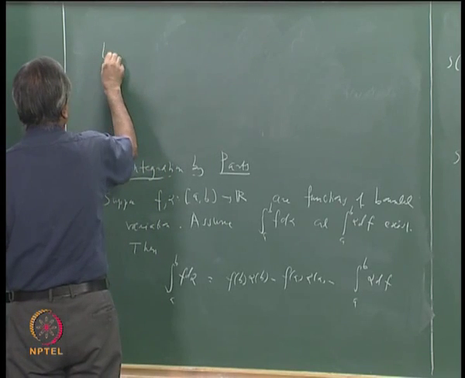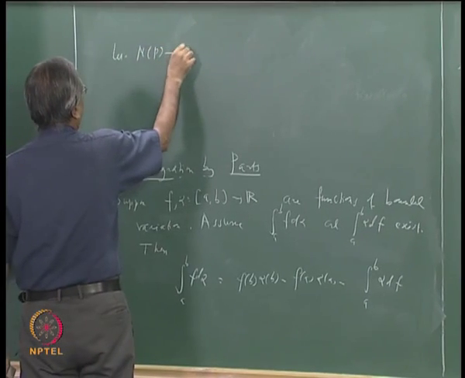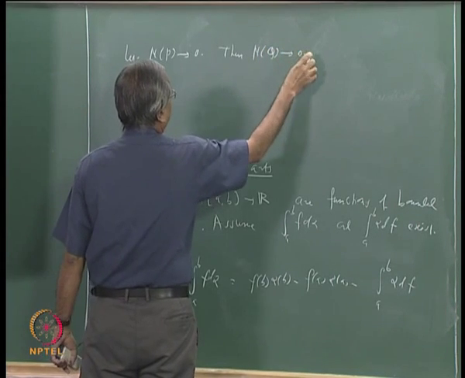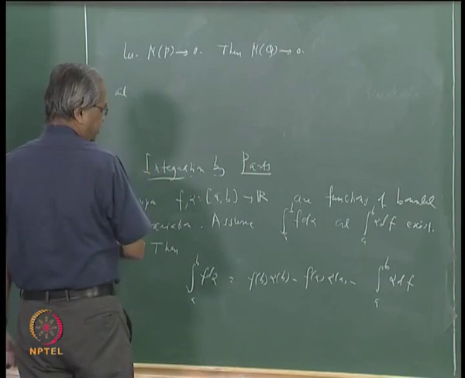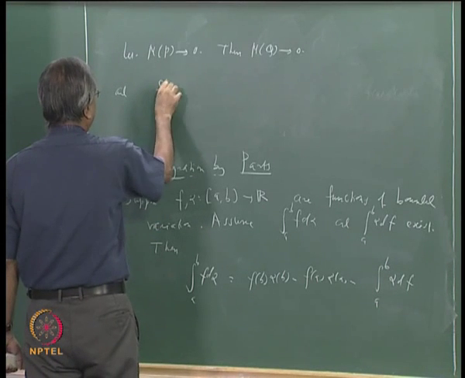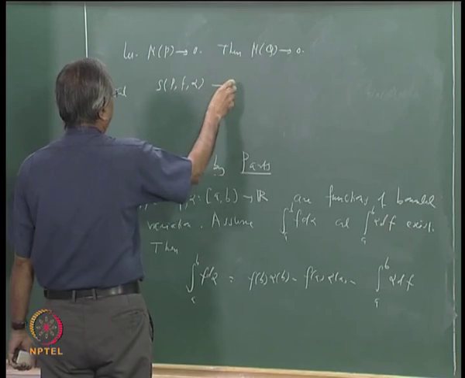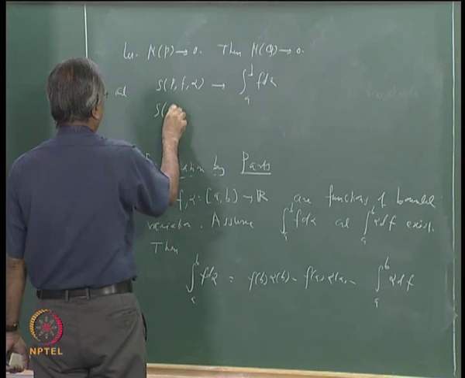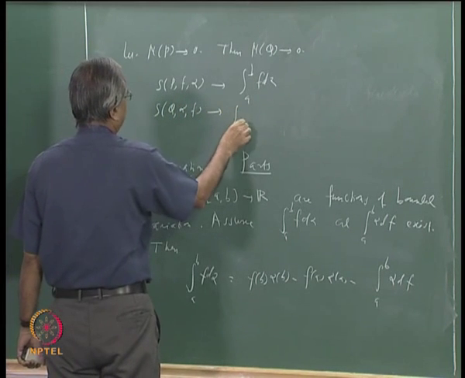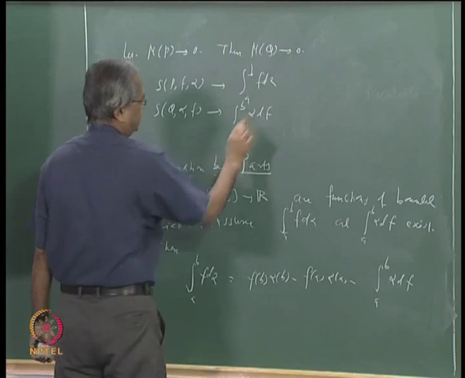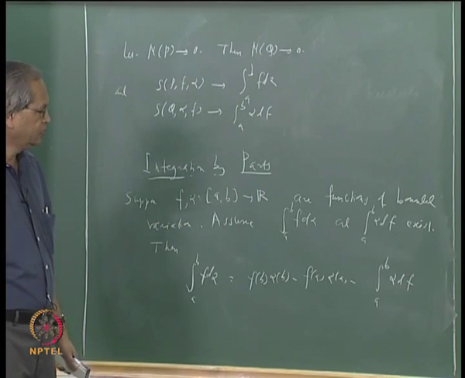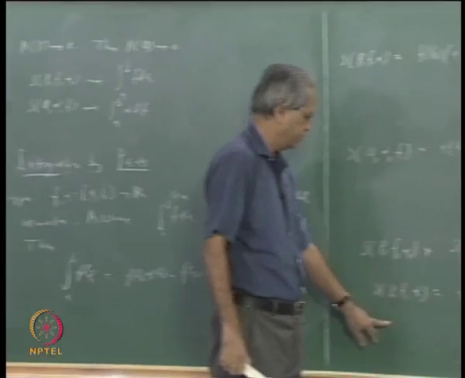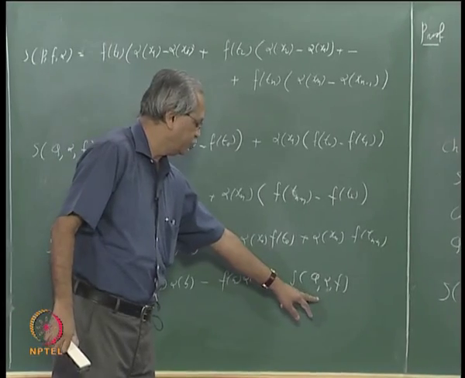So let the mesh of P tend to 0, then the mesh of Q also tends to 0, and S(P, f, alpha) tends to the integral from a to b of f d alpha, and S(Q, alpha, f) tends to the integral from a to b of alpha df.